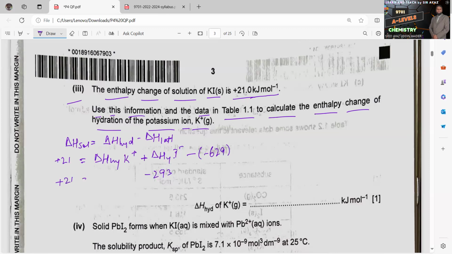Plus 21 is equal to delta H hydration K plus, minus 293, plus 629. Finally, delta H hydration K plus becomes plus 21 plus 293 minus 629.